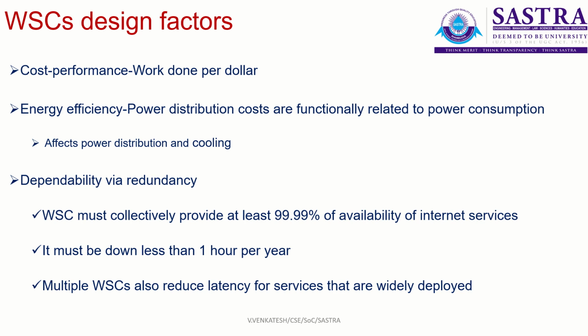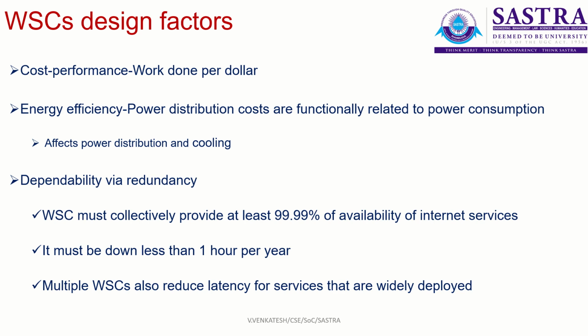The third design factor is dependability via redundancy. What is dependability? For the long running nature of internet services, the hardware and software have to provide at least 99 percent availability to provide internet service. That is called dependability. Downtime must be less than 1 hour per year.